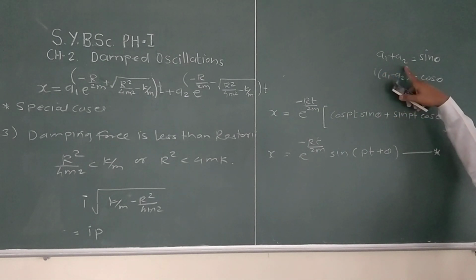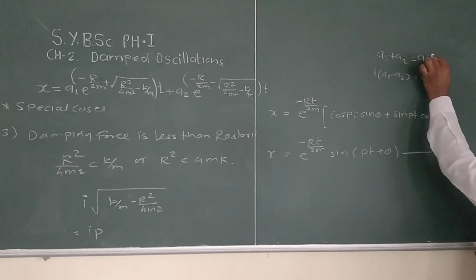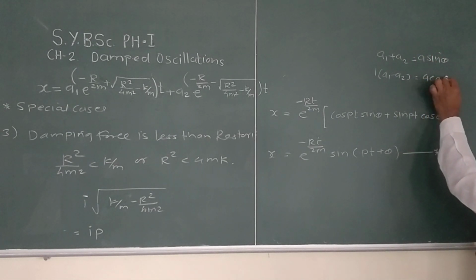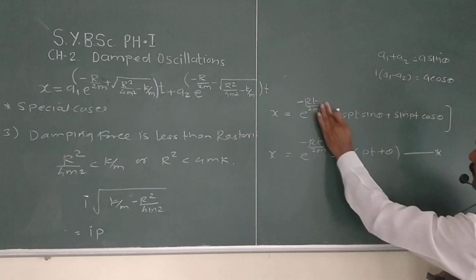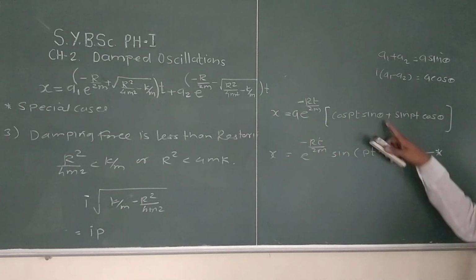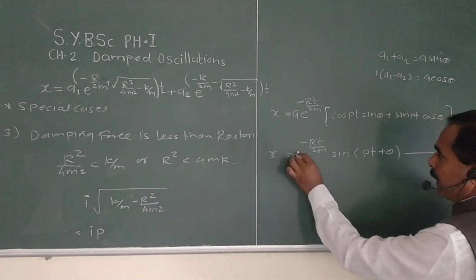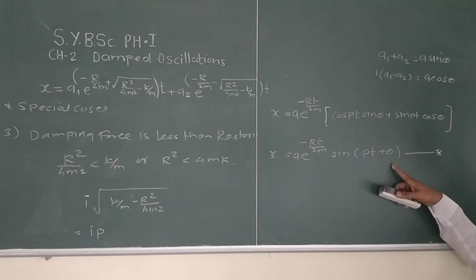When we put a1 plus a2 equal to sin theta, that means we have to put here a sin theta, and here a cos theta. So we write a common, and then cos pt sin theta plus sin pt cos theta. So lastly we have to write a e raised to minus rt upon twice m sin of pt plus theta.